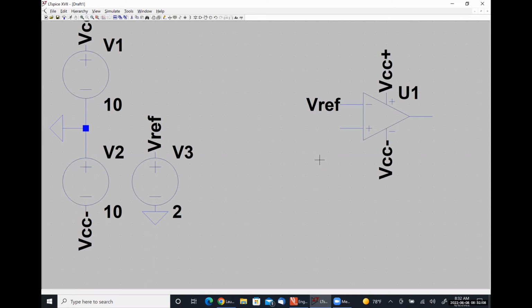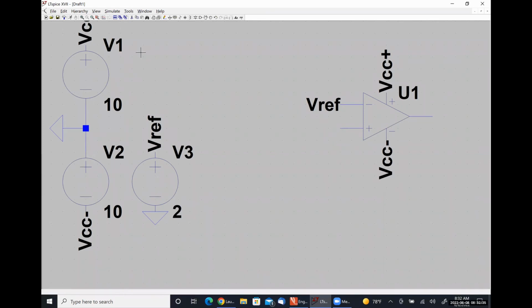I have drawn our schematic representations of op-amps where the positive power supply terminal is on the same side as the non-inverting input terminal, so this is slightly different. Just remember, VCC plus should always be connected to the plus sign. VCC minus should always be connected to this minus sign, and you'll get it right.